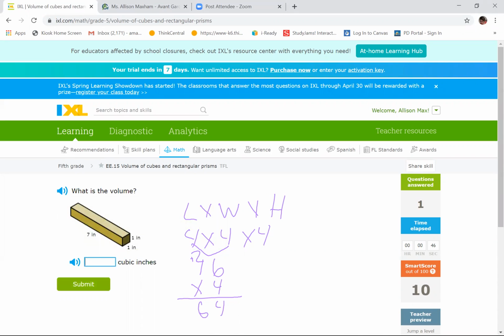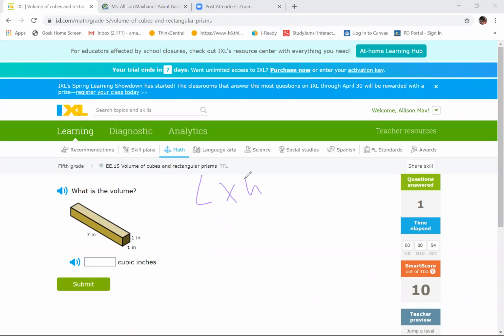Let me clear. All right, what is the volume? Again, it's going to be length times width times height. And using that commutative property, it doesn't matter which one you consider to be the length or the width, because you could stand this up and it would be 7 inches tall, or you can lay it down and it's 7 inches long, or you can turn it and face it to you.